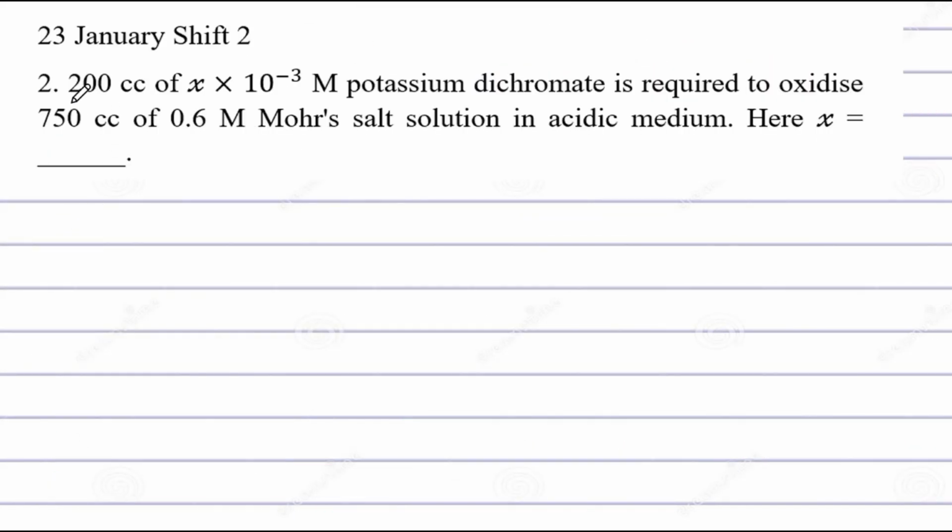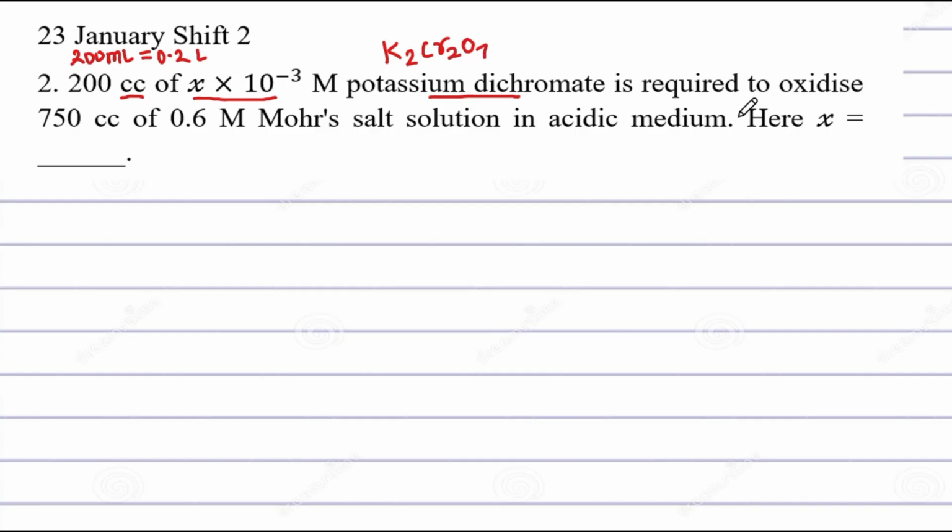Next question is 200 cc. Cc is cubic centimeter. So it refers to 200 ml. 200 ml is nothing but 0.2 liters. So 200 cubic centimeter of x into 10 power minus 3 molar potassium dichromate. So concentration and volume is given and potassium dichromate is mentioned.